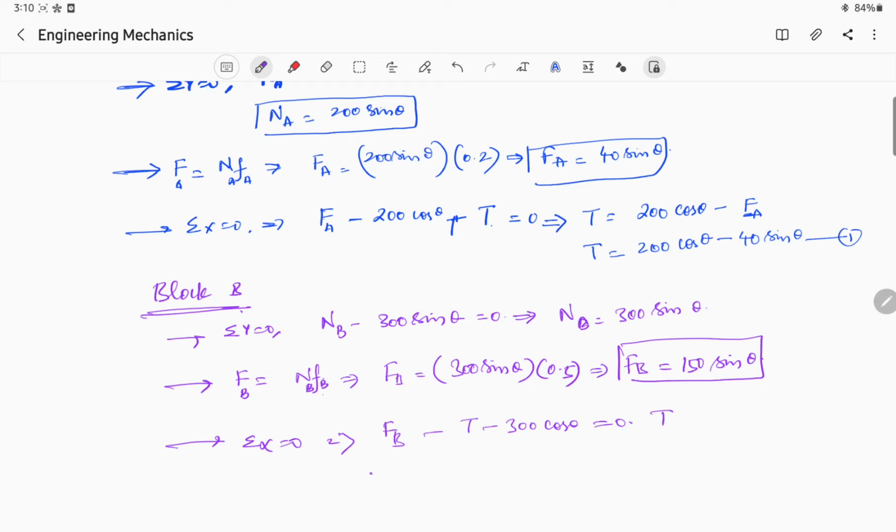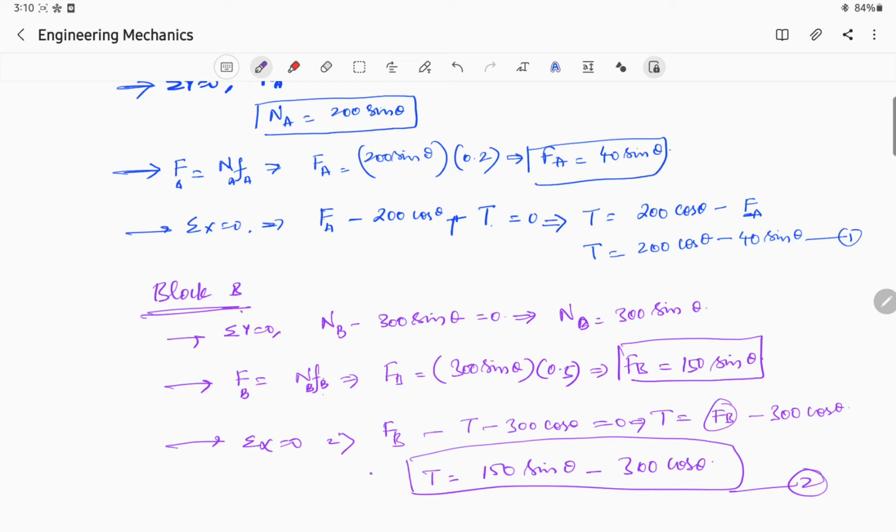So T is equal to FB minus 300 cos theta. What is the value of FB we have? T is equal to 150 sin theta minus 300 cos theta. Call this equation number 2.